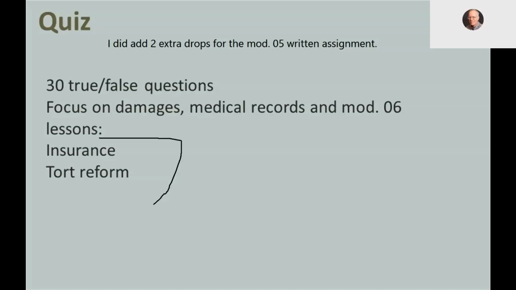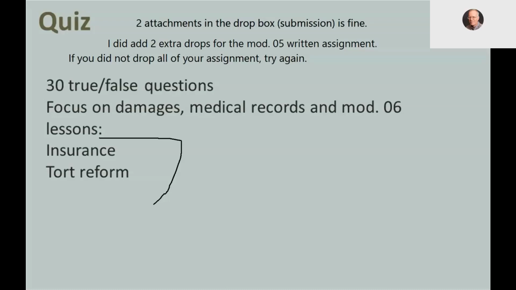But in my classes, if you take a class from me, it is acceptable to do it as 1 document. It's certainly acceptable to do 2 attachments for 1 drop. Call support if you run into more technology questions.